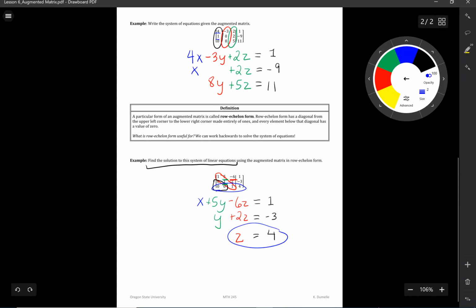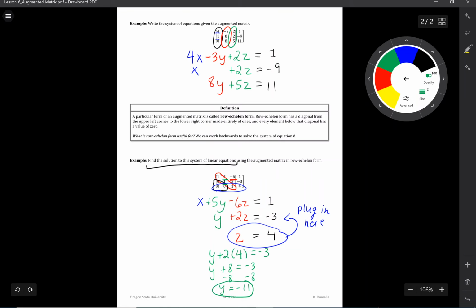So now that I have z solved for, I can plug this z value into our second equation to solve for y. So I will get y plus 2z, but z is equal to 4, equals negative 3, or y plus 8 equals negative 3. Subtracting 8 gives me y equals negative 11.